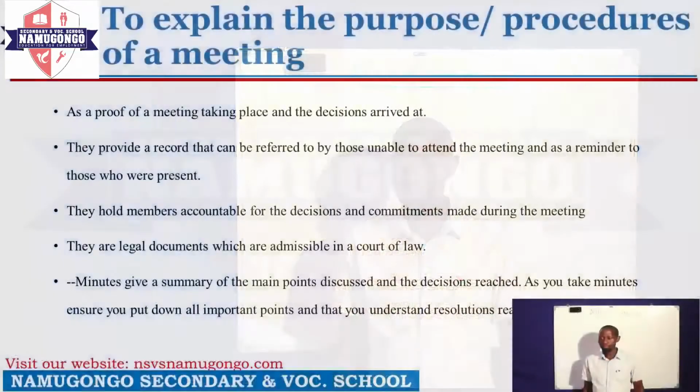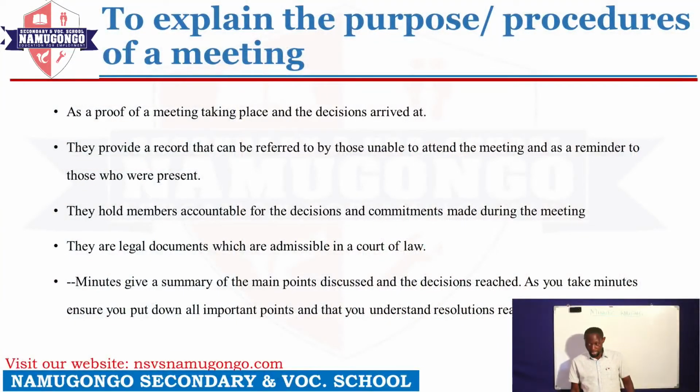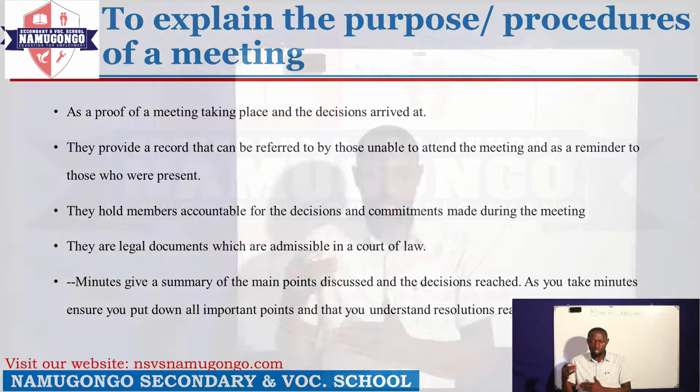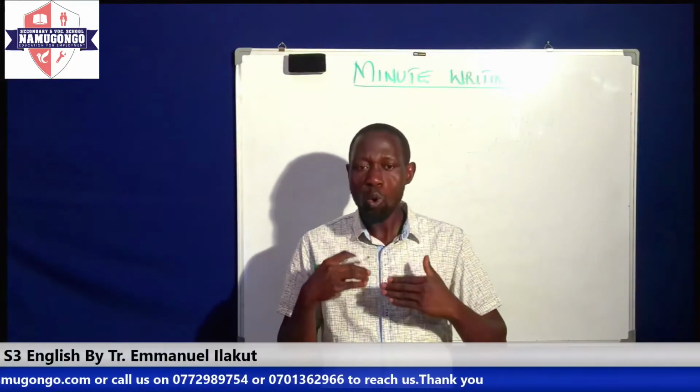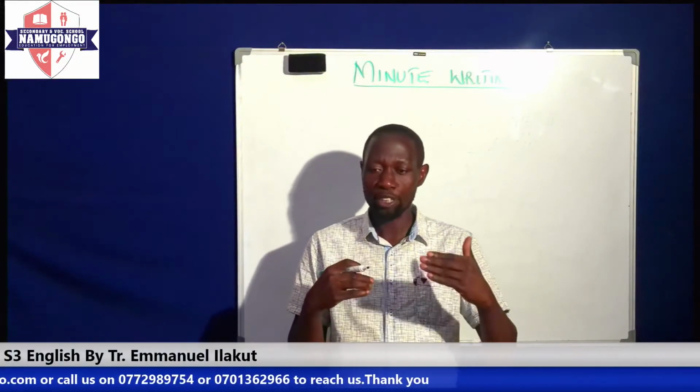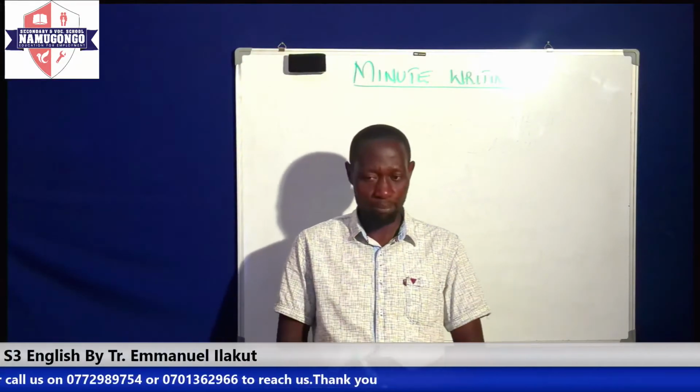Three, they hold members accountable for the decisions and commitments made during the meeting. Maybe in our class meeting we say, we are appointing Opondo as the class monitor. So we shall be held accountable because it is us who gave Opondo that particular responsibility.